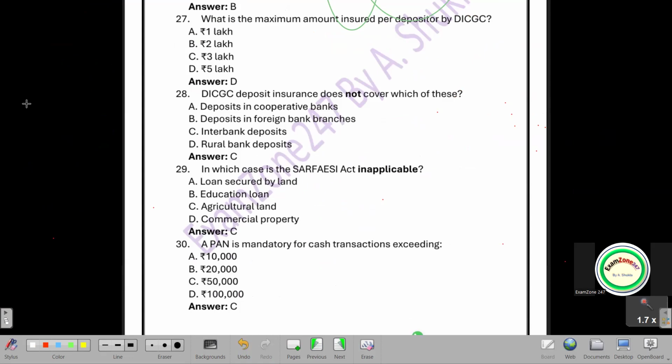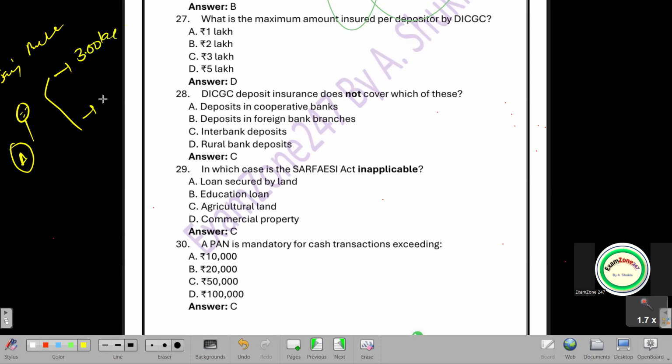Suppose here is a person, Mr. A, he is having 2 saving accounts in the same bank. In one account there is a deposit of 3 lakhs.